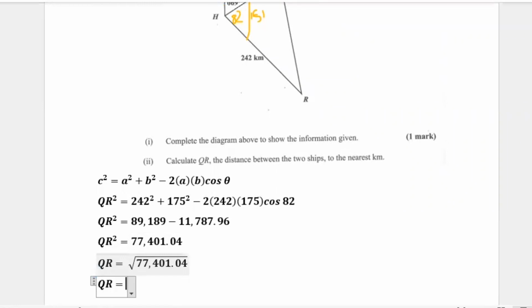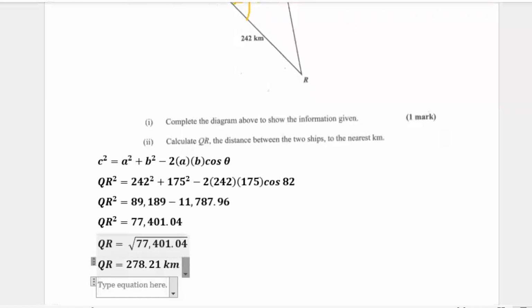QR is equal to, what will that be? 278.21 kilometers. And the question said we should give it to the nearest kilometers.